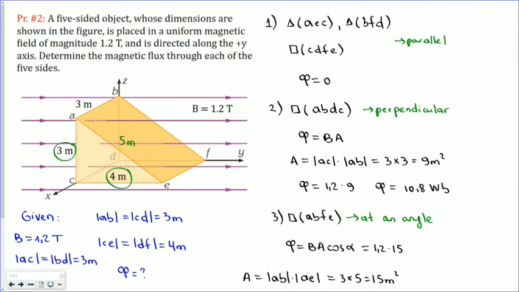How can we find cosine alpha? The alpha is between the normal and the magnetic field lines. This is the alpha.